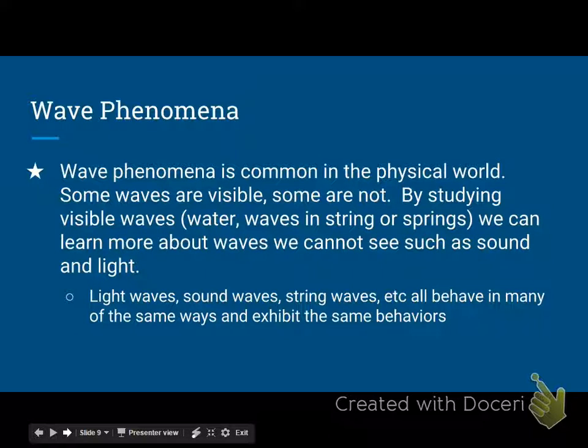It's the same way that the sound that's traveling through the room behaves. And so we can use one type of wave and our knowledge about it to study others.